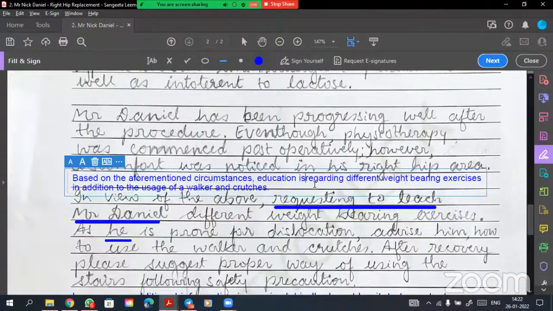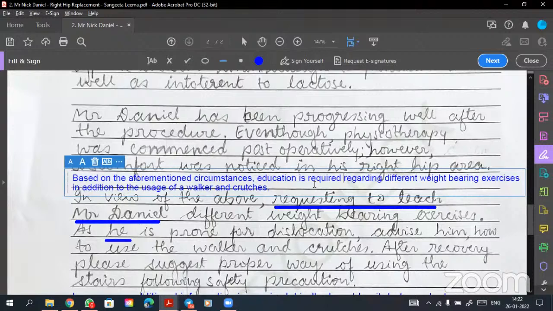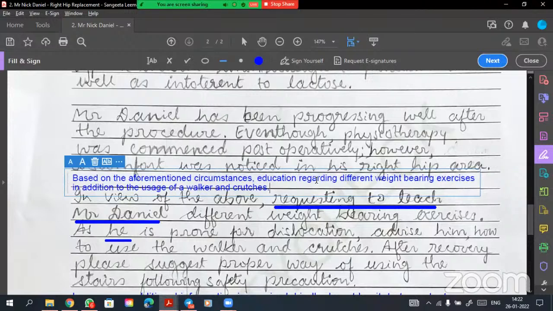Or, education is required regarding different weight bearing exercises. We can put is required at the end also, is recommended. So now you understand, you can write like this or like this.